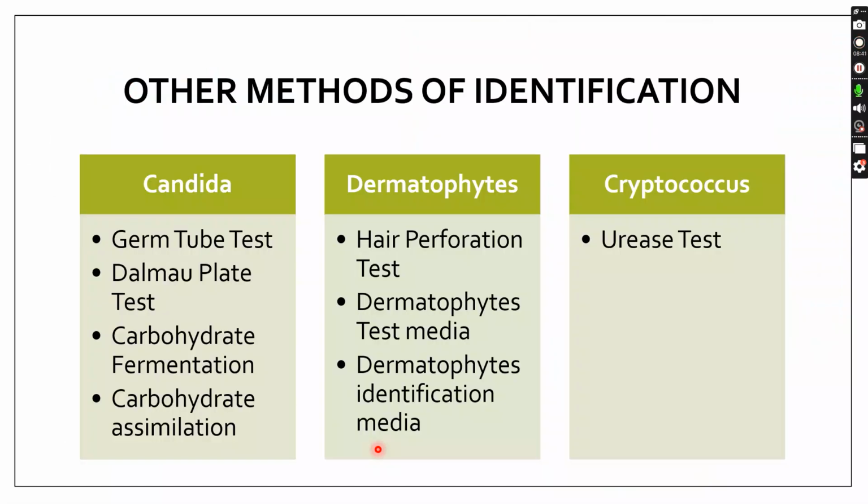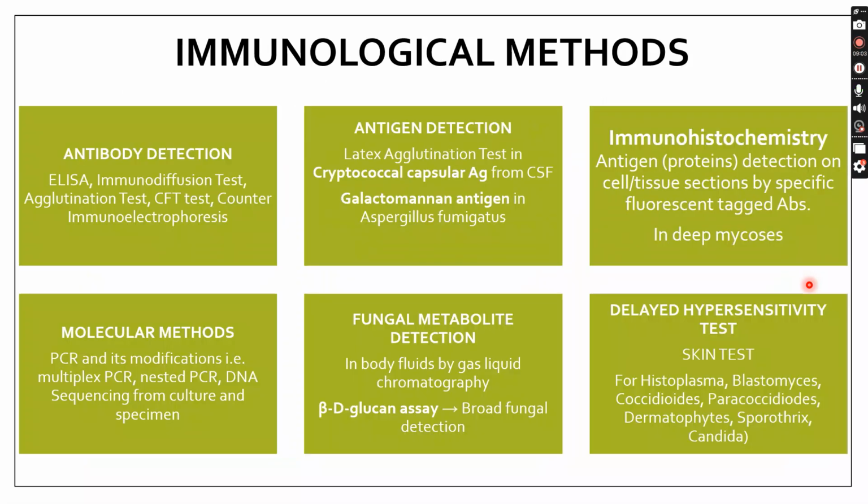Now other methods of identification are specific methods for specific organisms. For Candida: germ tube test, Dalmau plate test, carbohydrate fermentation and assimilation test. For dermatophytes: hair perforation test, dermatophyte test medium and dermatophyte identification medium. For Cryptococcus we have the urease test. After culture, microscopic observation and specific tests, there are certain immunological methods.